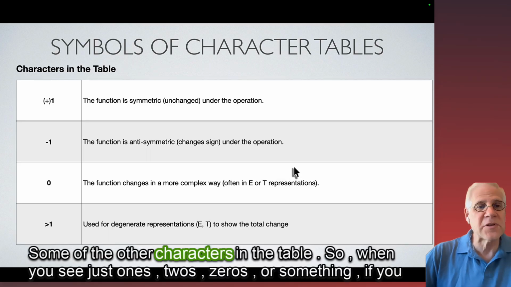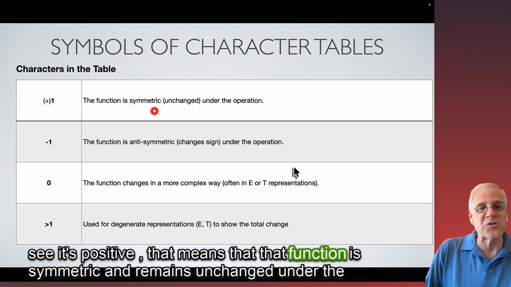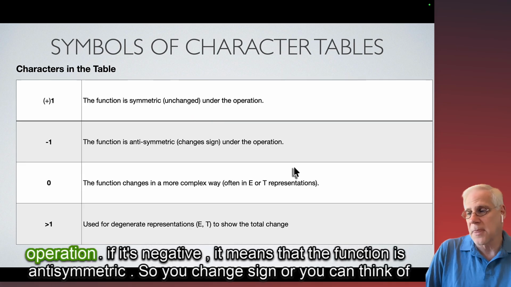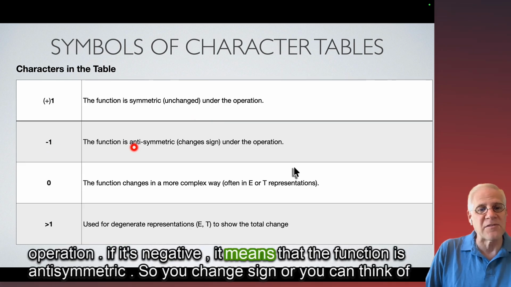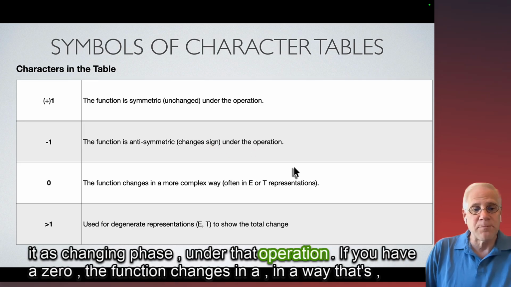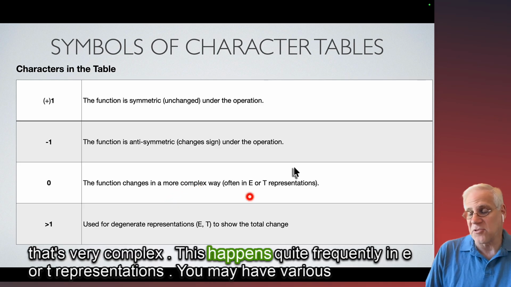Some of the other characters in the table, so when you see just ones, twos, zeros, or something, if you see it's positive, that means that that function is symmetric and remains unchanged under the operation. If it's negative, it means that the function is antisymmetric, so you change sign, or you can think of it as changing phase under that operation. If you have a zero, the function changes in a way that's very complex. This happens quite frequently in E or T representations.